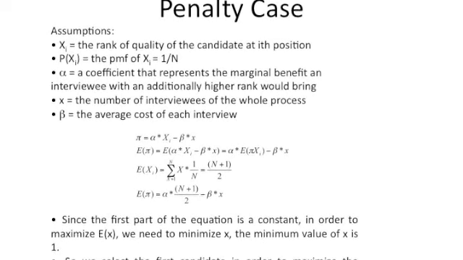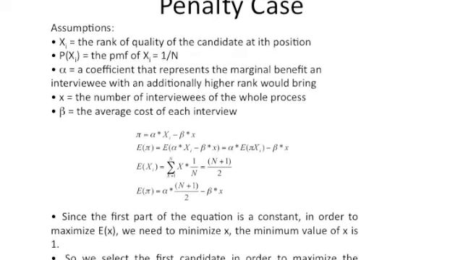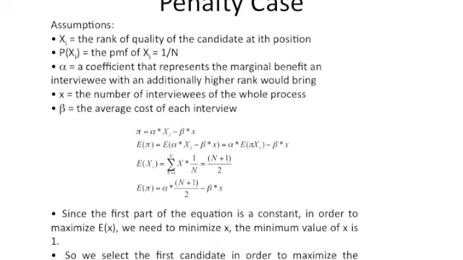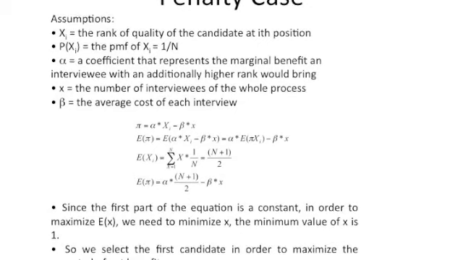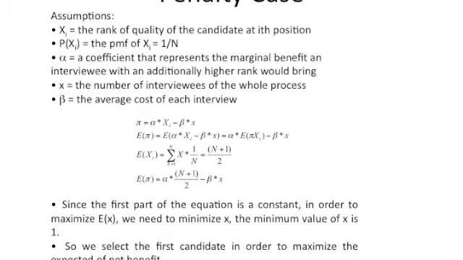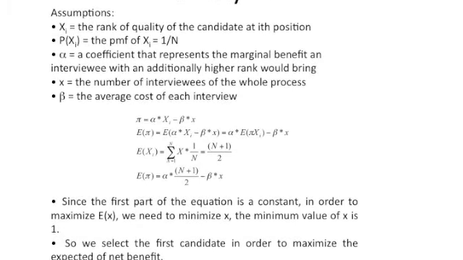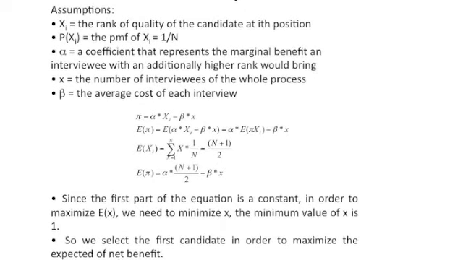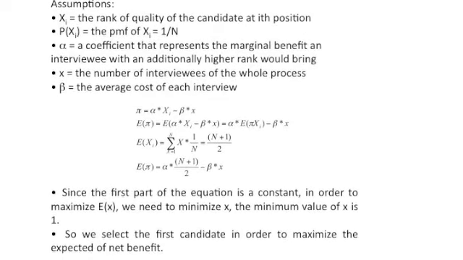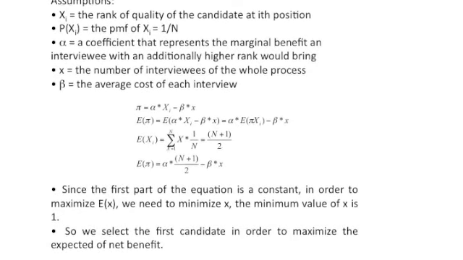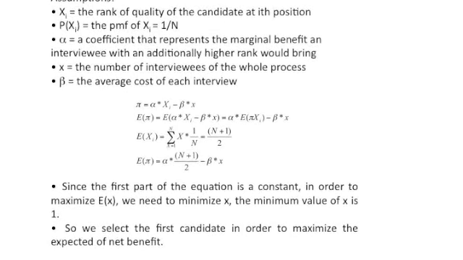The first part is the benefit that the final candidate brings in, and the second part is the cost of the whole interview process. In this case, we do not incorporate the stopping rule. So the probability of selecting each candidate is 1 over big N, and we can see that the expected benefit the selected candidate brings in would be a constant, and for the net benefit, we subtract the cost from the benefit, which is minus cost of interviewing all the candidates.